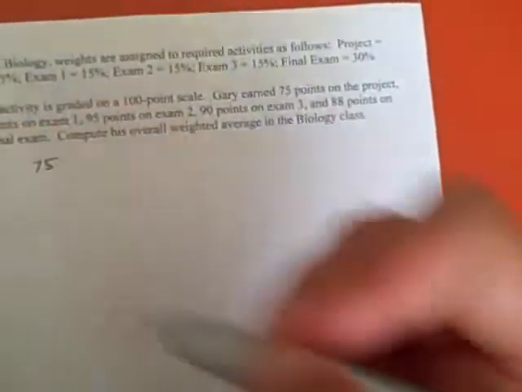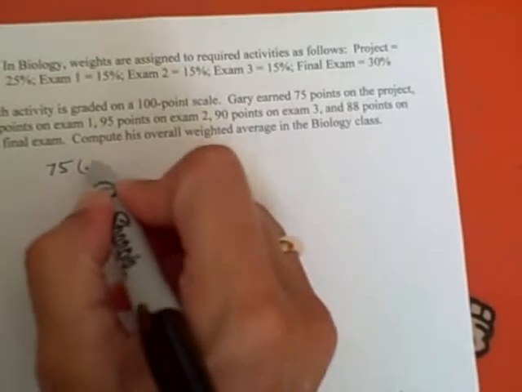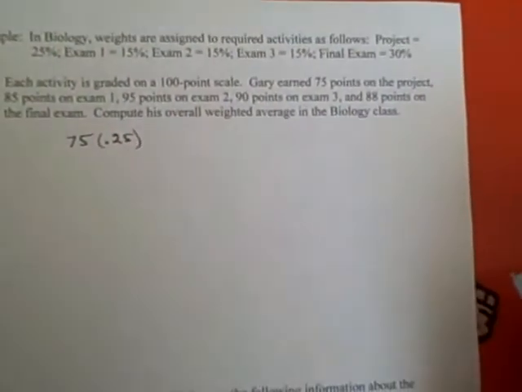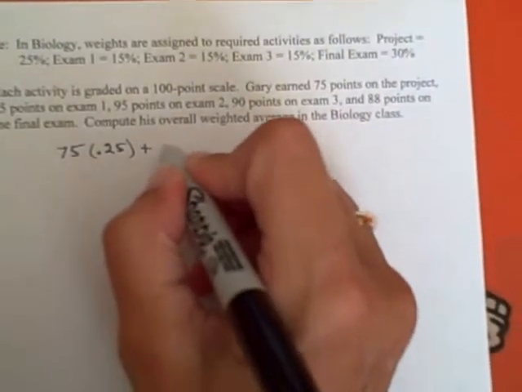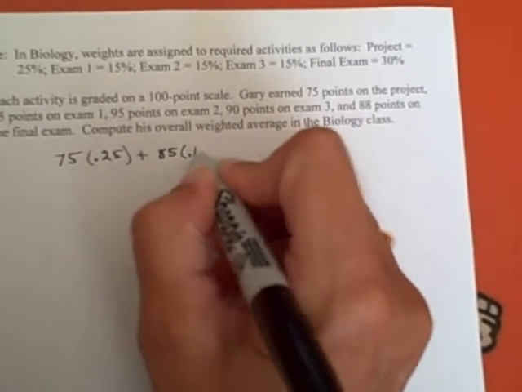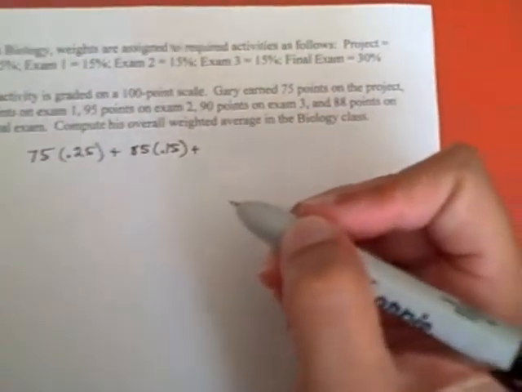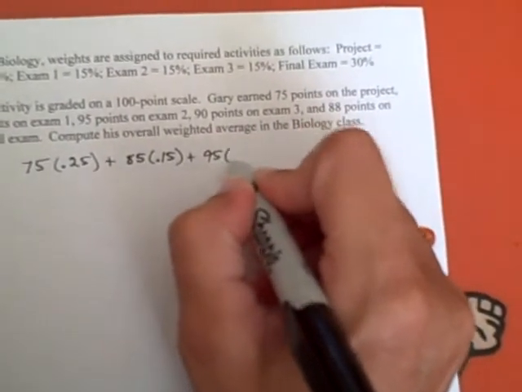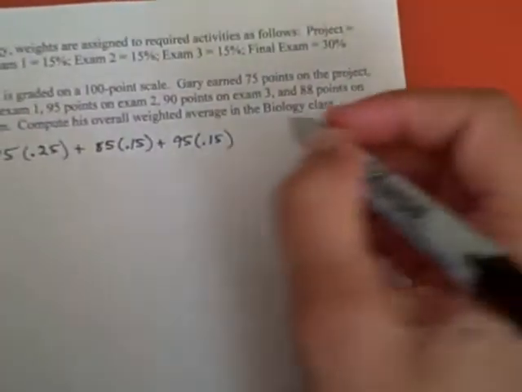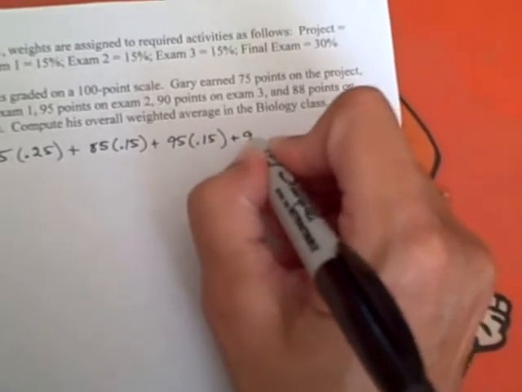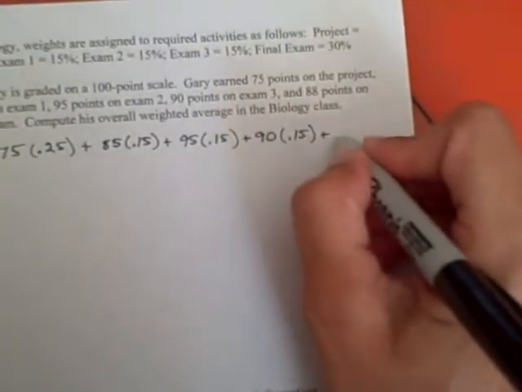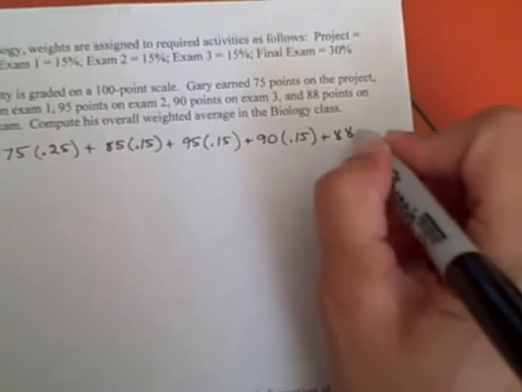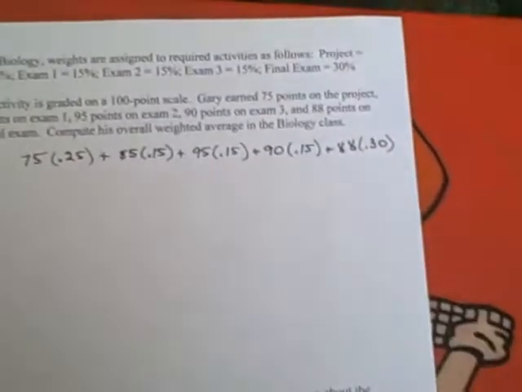Well, that 75 is worth 25% of his grade, so we're going to do 75 times 25% as a decimal, 0.25, plus 85 on the first exam, which is worth 15% of his grade, so 85 times 0.15, plus a 95 on exam 2, again times 0.15, because the second exam is 15%, plus a 90 on exam 3, so 0.15 is 15%, plus an 88 on the final, and the final exam is worth 30%, so I'm going to multiply by 0.30.